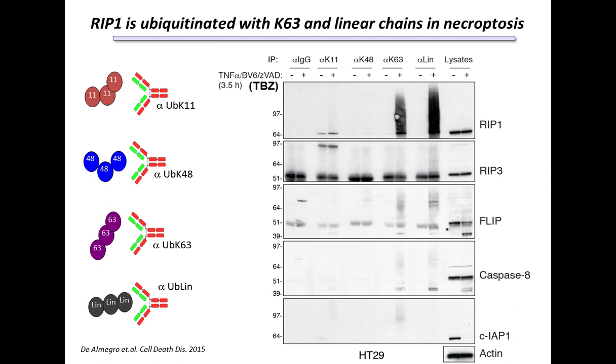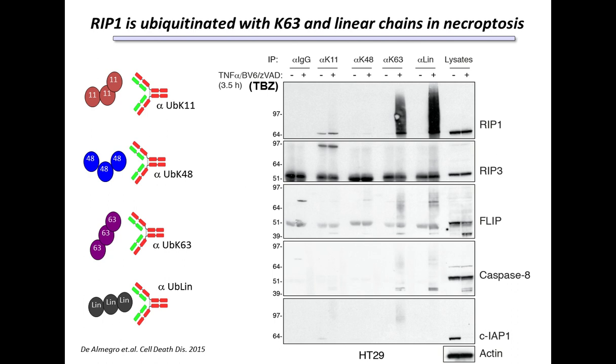And if you look on the top left-hand side, you can see that the way that they were used in the context of these studies is actually through immunoprecipitation followed by Western blotting, where the proteins in cells that were treated with the TBZ combination were IP'd with one of the linkage-specific antibodies and then Western blotted with the substrate itself.